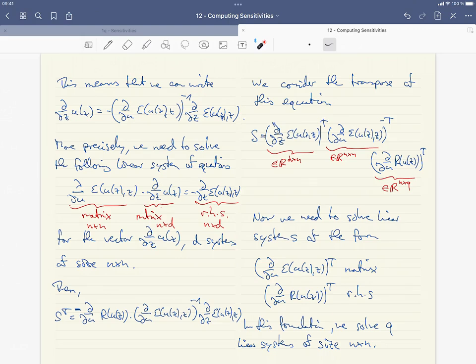So that gives us only Q systems that we need to solve, rather than D systems. It looks simple enough, this trick, and it is, and we will see how to apply this in practice.